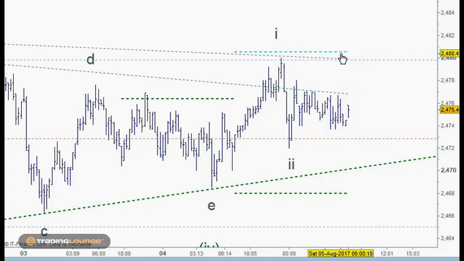So the safe trade would be taking out this top here, or finding a tested support on 78. And the riskier trades would be pretty much going in for it, say on 2475 as support, and then looking to build on that at that stage. So I'll just put that on.